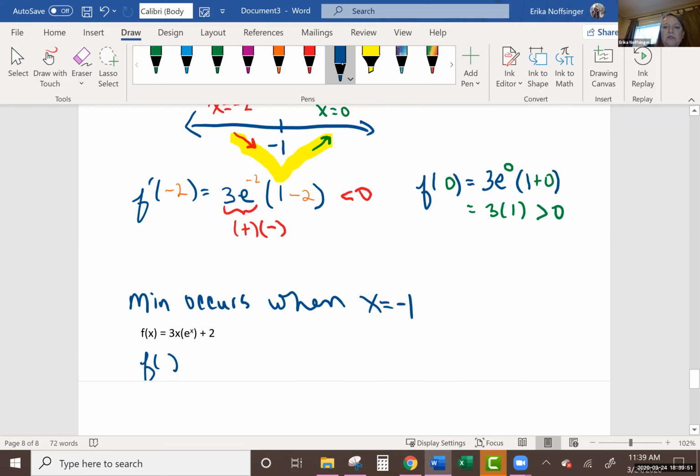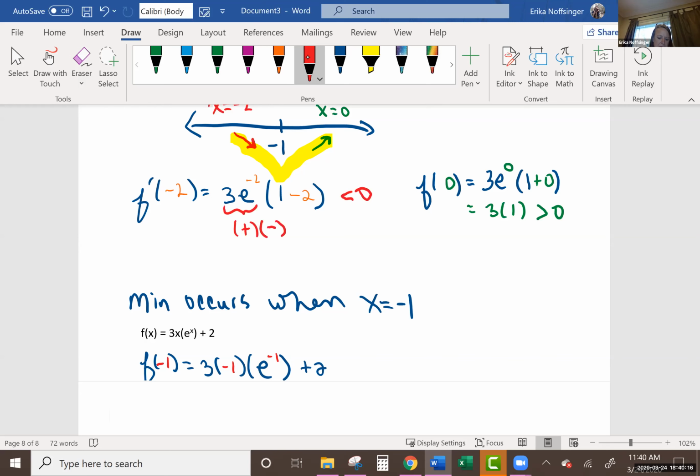So f of -1 is equal to 3 times -1 times e raised to the -1, plus 2. So that would give me -3 e to the -1, that brings the e down to the denominator.